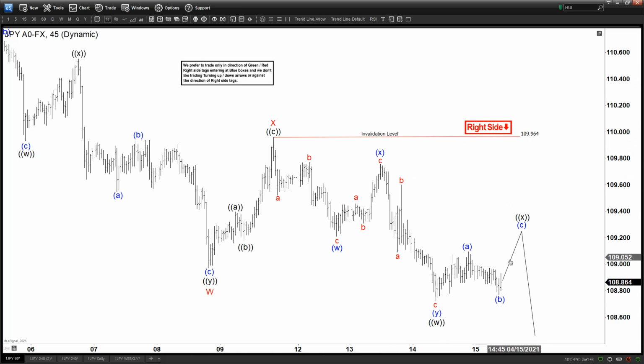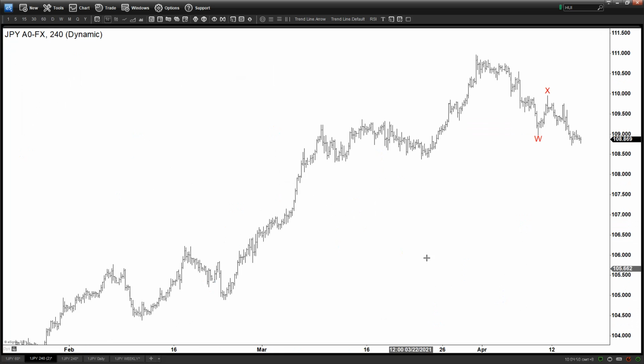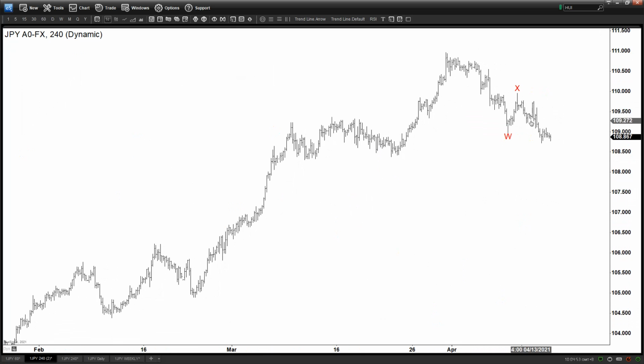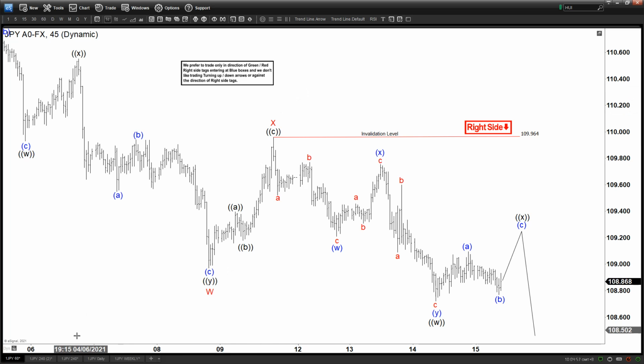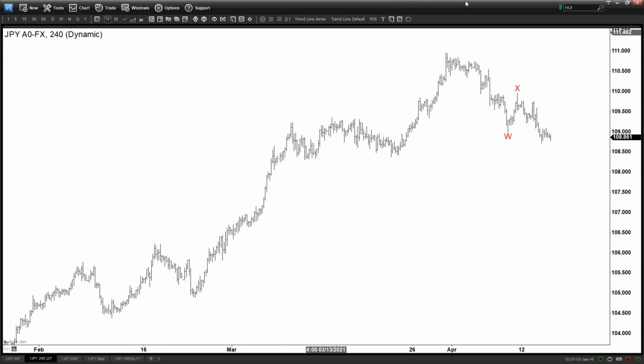This suggests that as long as the rally stays below 109 or 110 here, we could see another leg lower to finish the Y leg. So let's take a look here at the 4-hour time frame. We're talking about this WX in the red degree, the same WX here in the 1-hour chart. We're looking at the pullback that started from March 31st.